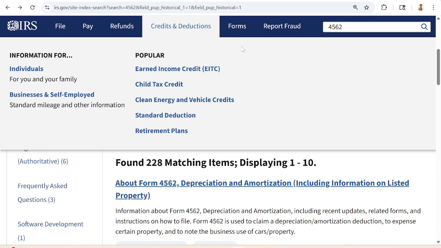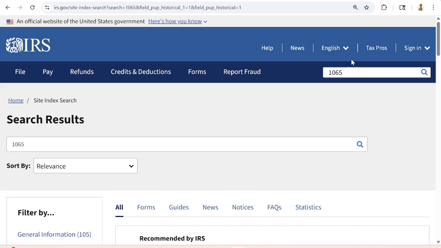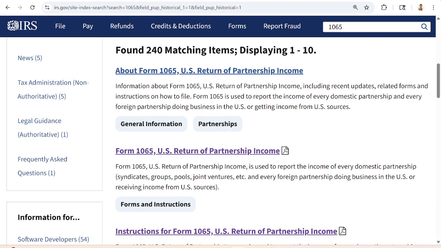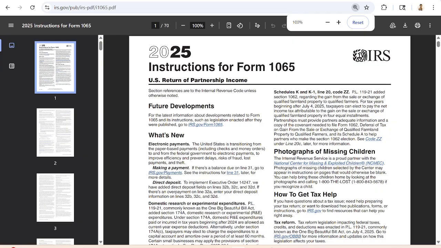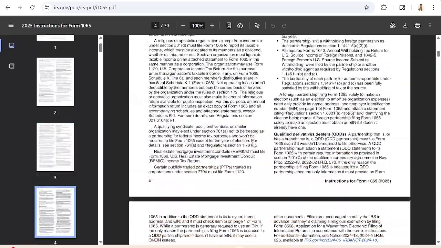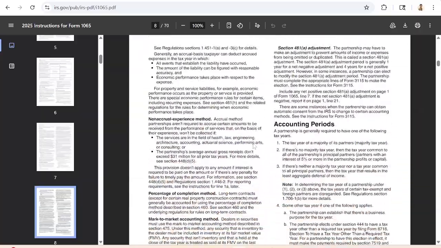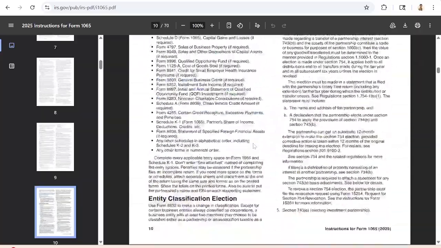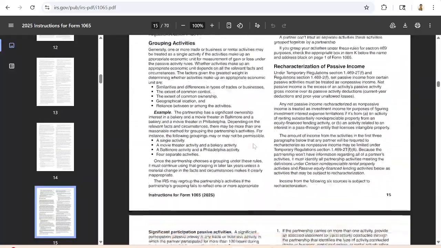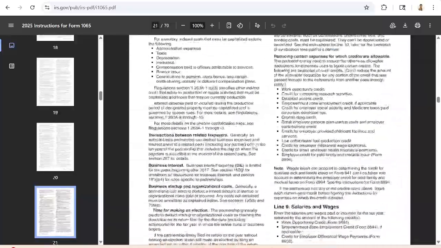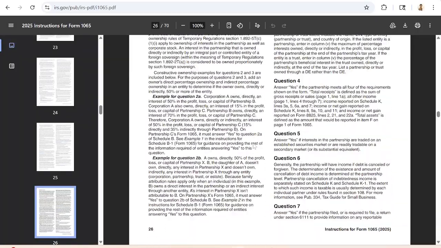Assuming I have, let's go back to 1065. I shouldn't have gotten out of that instruction, since we might refer to it quite a bit. But Schedule B, question 4.